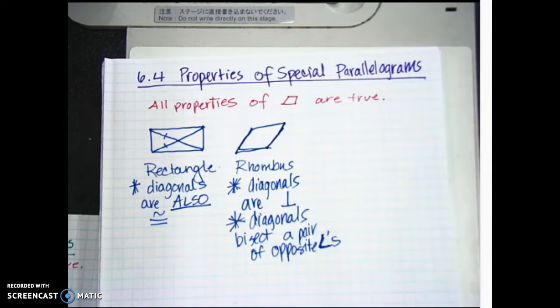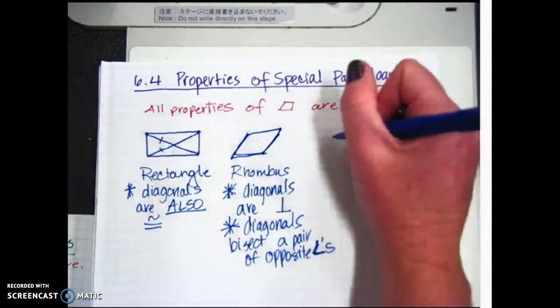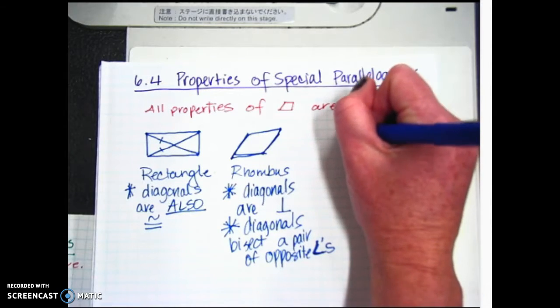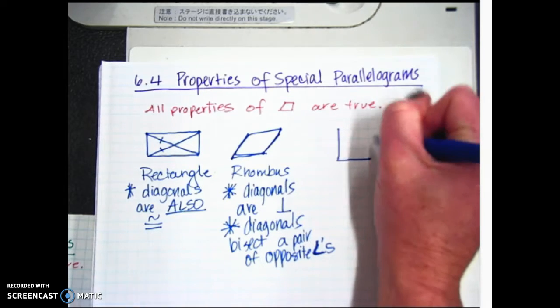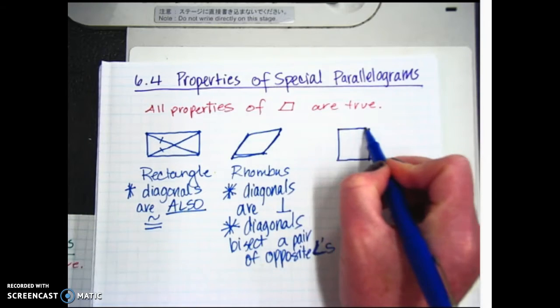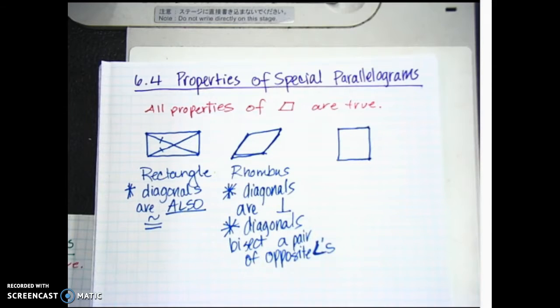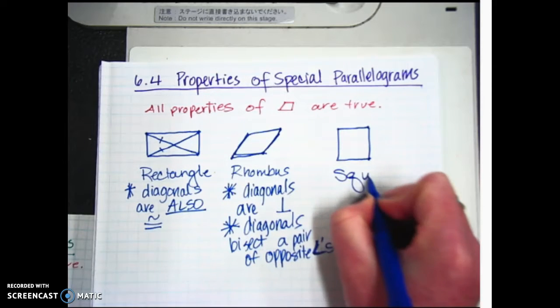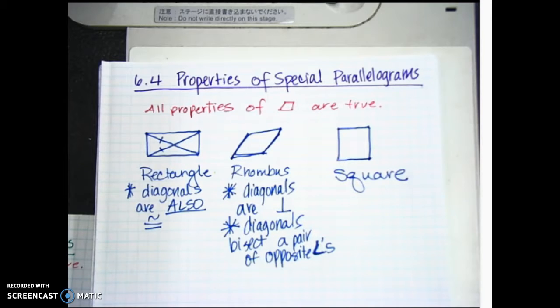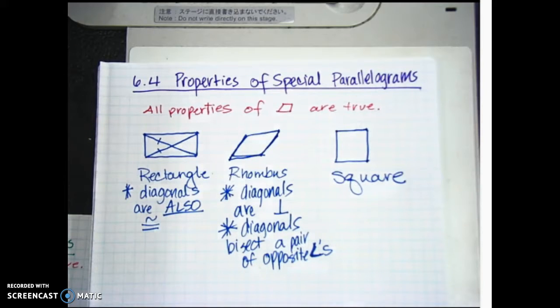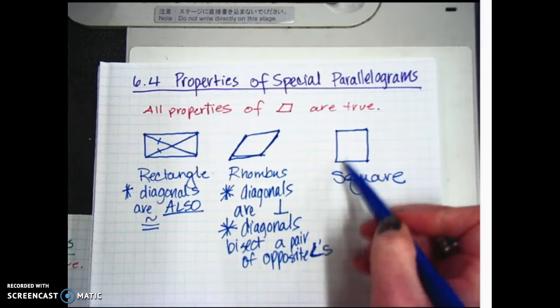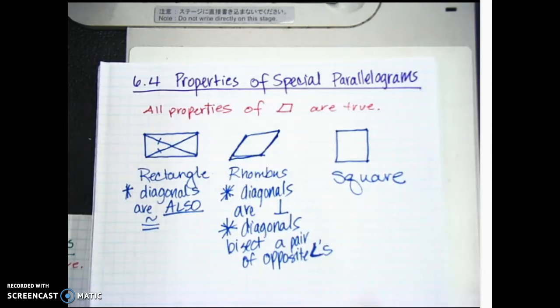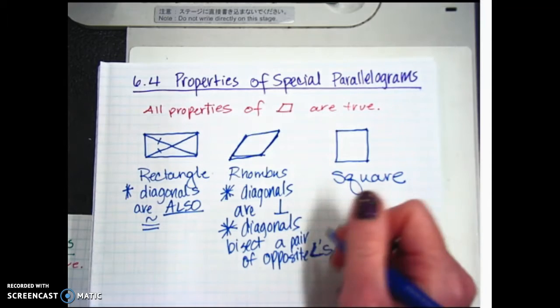And then the third special parallelogram is a square. Square, obviously a parallelogram, because opposite sides are parallel, opposite sides are congruent. The diagonals are going to bisect each other. Opposite angles are congruent. Consecutive angles are supplementary. All the good stuff.